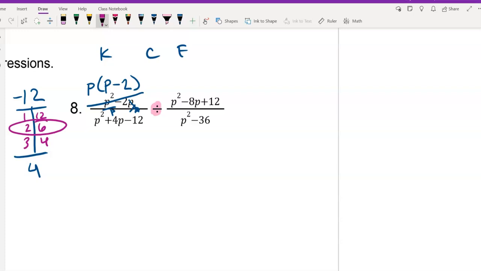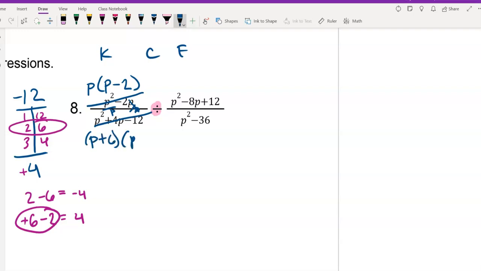Now, which number needs to be negative to add up to a positive 4? Let's see, 2 minus 6 or 6 minus 2. 2 minus 6 is negative 4, and 6 minus 2 is positive 4. So we need the 2 to be negative and the 6 to be positive. So we're going to cross out this, and we're going to say p plus 6, p minus 2.